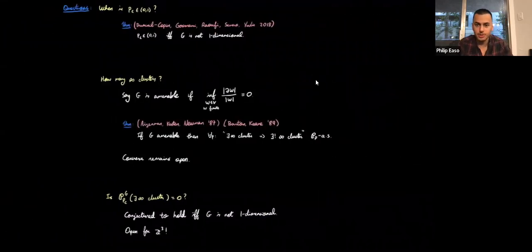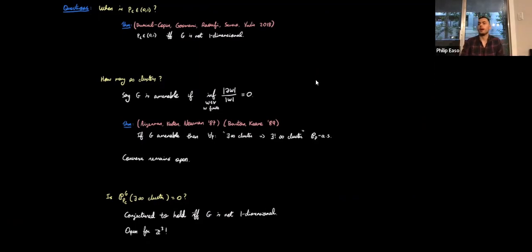Okay, so let me just sketch what is known about these, because this is what motivates the questions we're going to be asking on finite transitive graphs. The first question: when is p_c strictly between 0 and 1? Well, you basically get for free, by a branching argument, that p_c is never 0. So the question is, when is p_c strictly less than 1?